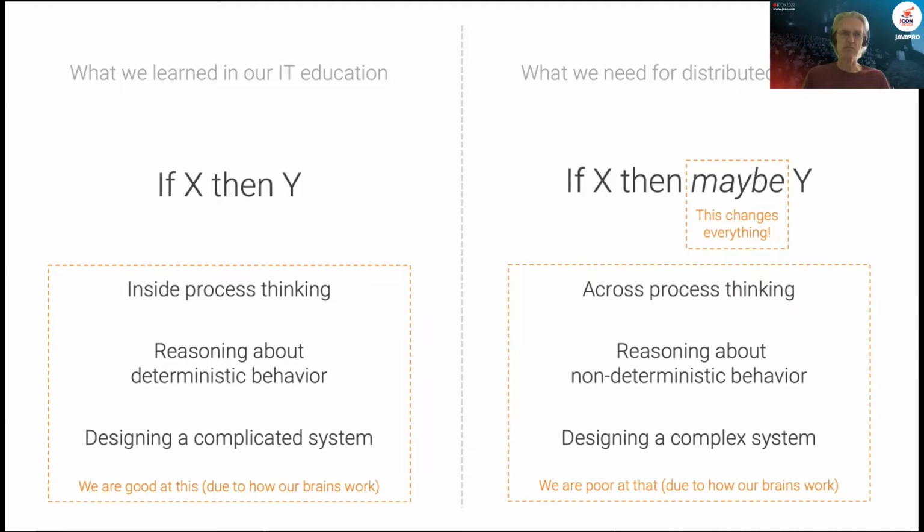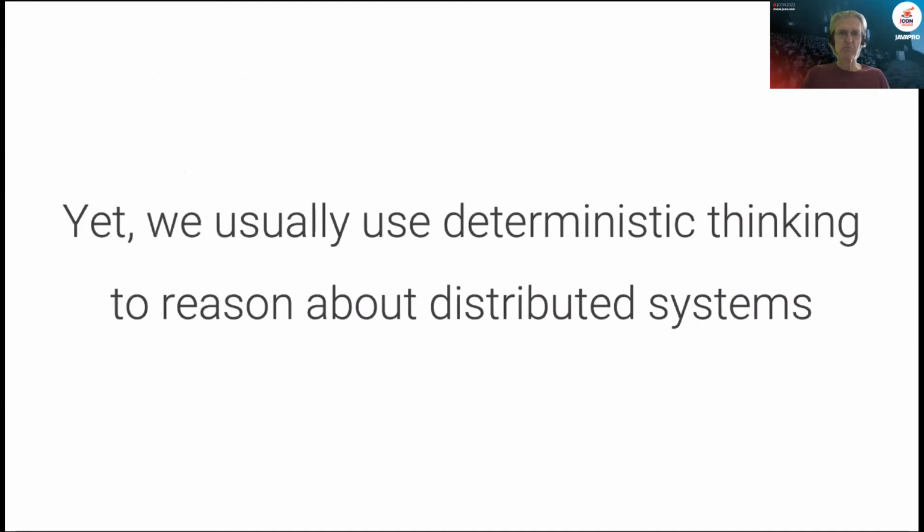Most computer science education doesn't tell you anything about that. Most of the trainings we do afterwards, where we learn about new technologies or coding practices and so on, don't tell you either. And therefore, usually we use deterministic thinking to reason about distributed systems, but that will go wrong terribly.